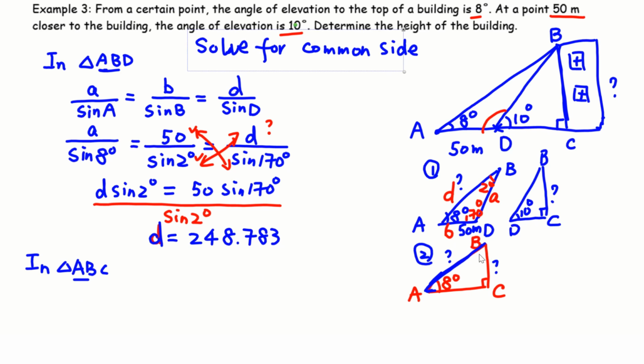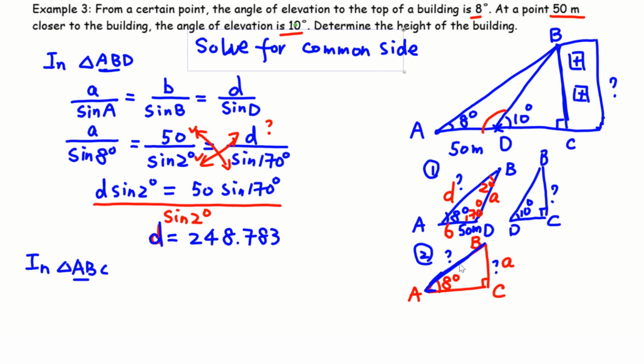So in triangle ABC, you could use the sine law or you could use SOHCAHTOA because this is a 90 degree angle. So we are going to practice using the sine law to solve for the unknown side.